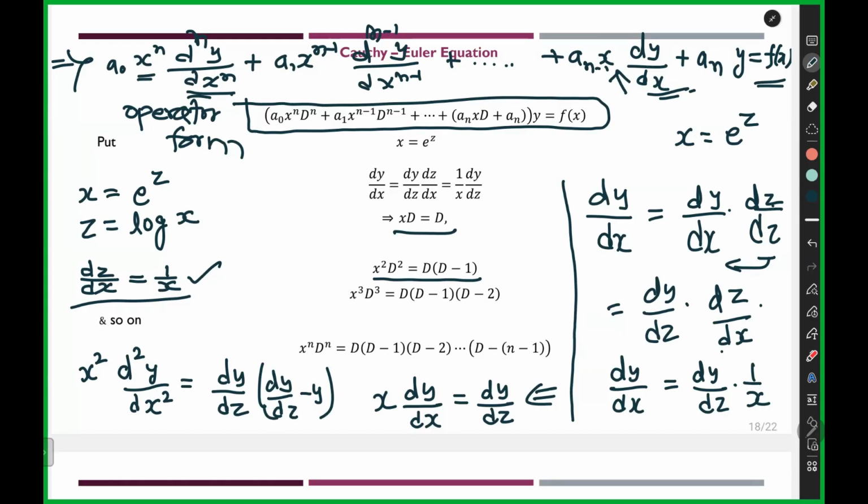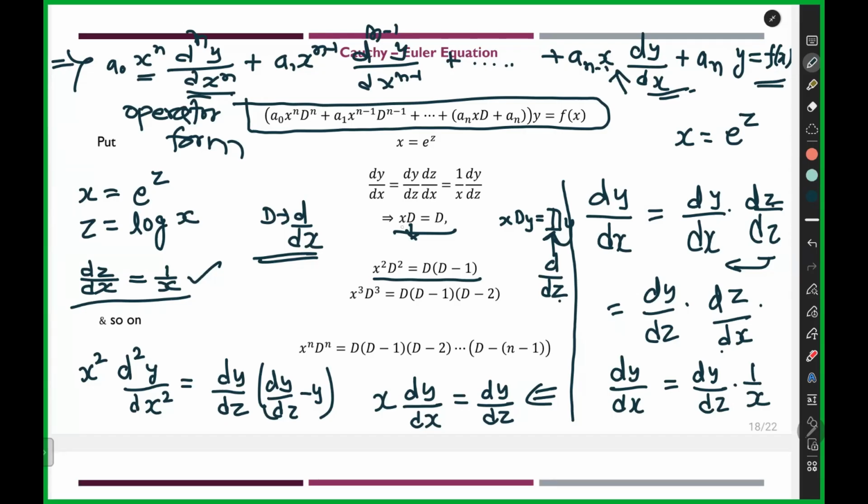If I consider the left side, the operator is d by dz, which I write as capital D. The right side is a derivative with respect to z, and the left side is a derivative with respect to x.